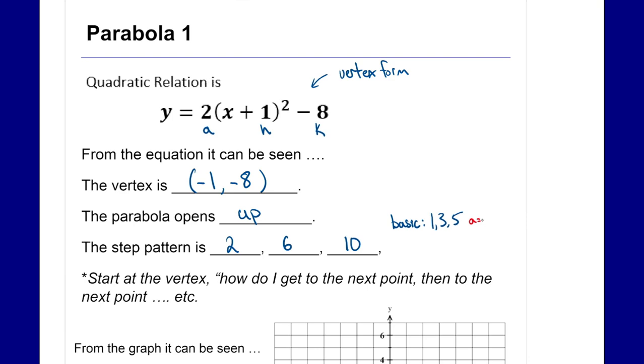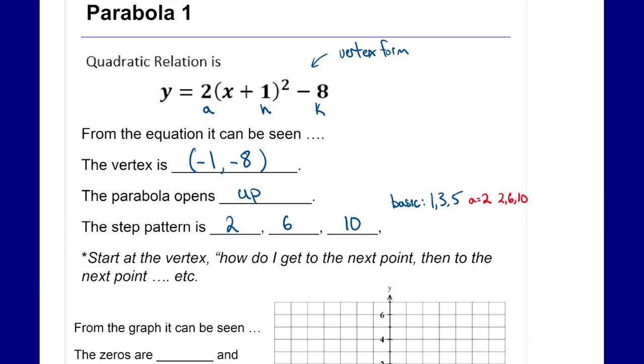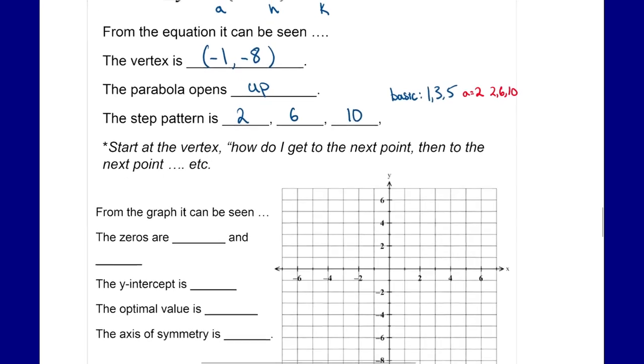Because our a value is 2, it becomes 2, 6, and 10. So that a value multiplies each step. And again, that step pattern is giving us the direction from the vertex to the next points.